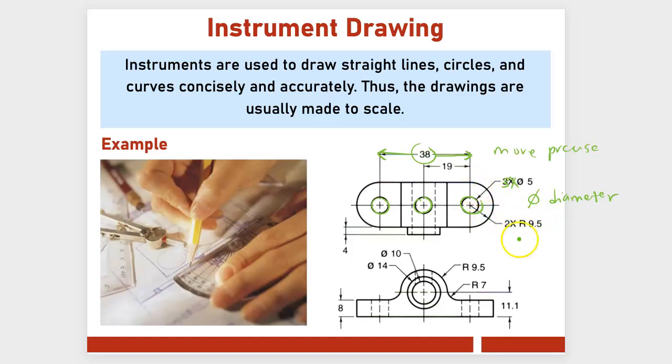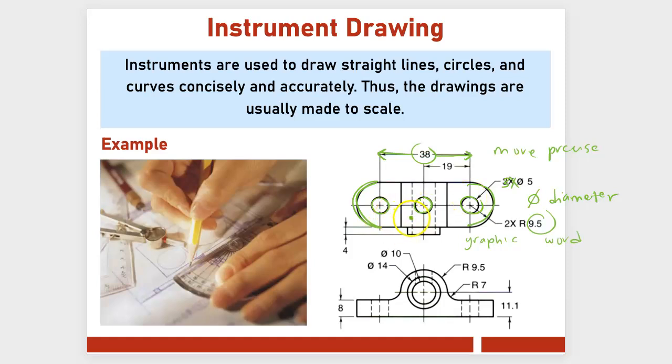And here, this drawing tells me that I have a contour of radius 9.5. So see how they're using both graphic as well as word language, the graphic part and the word part, to describe what is going on for this object.